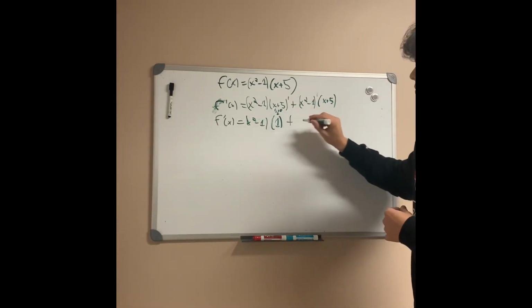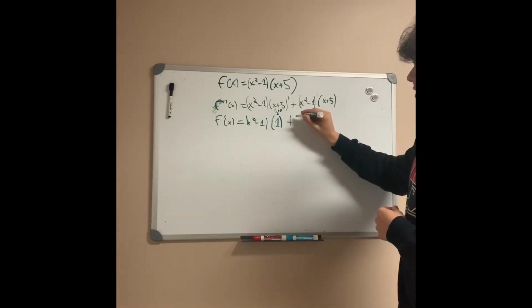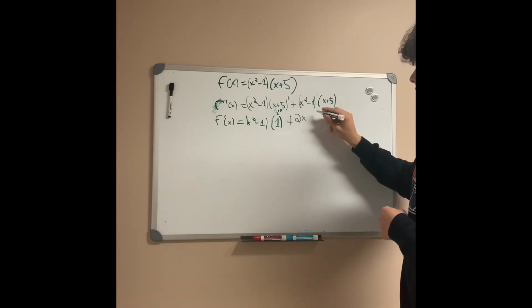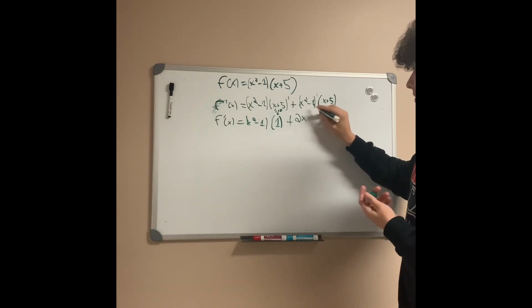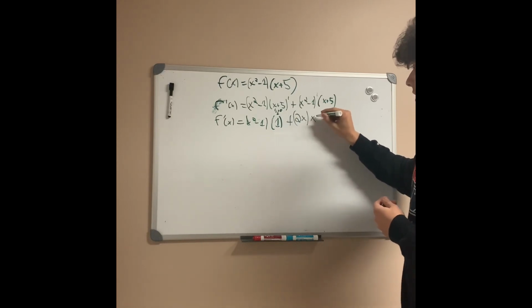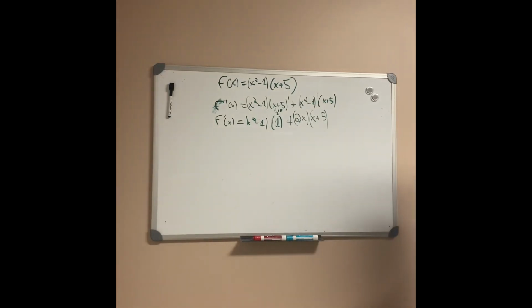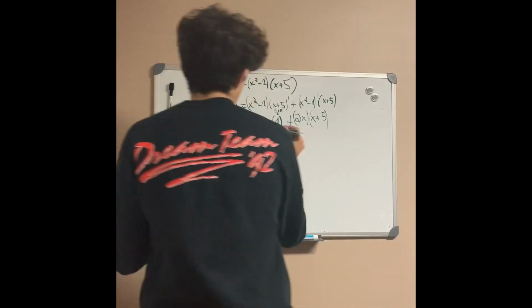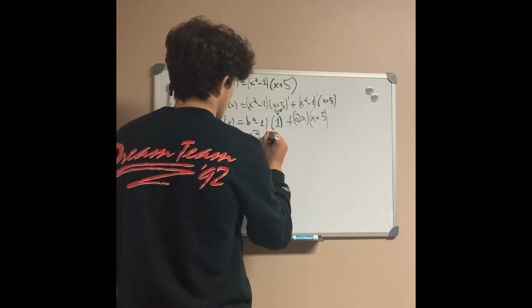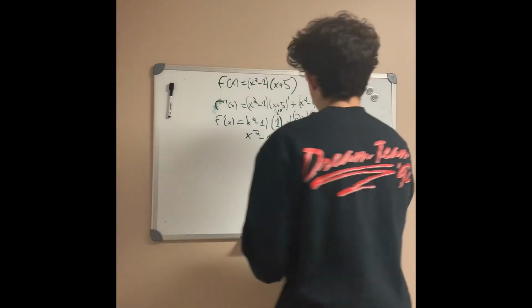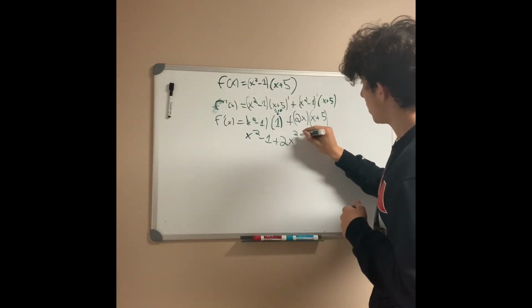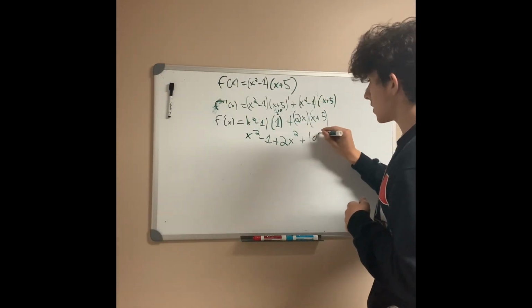And then we're going to do plus, and we're finding the derivative of this, so 2x minus 0, so 2x times x plus 5. Now from here we just do simple algebra, but I'll do it out just to make sure. So this would just be x squared minus 1 plus 2x squared plus 10x.